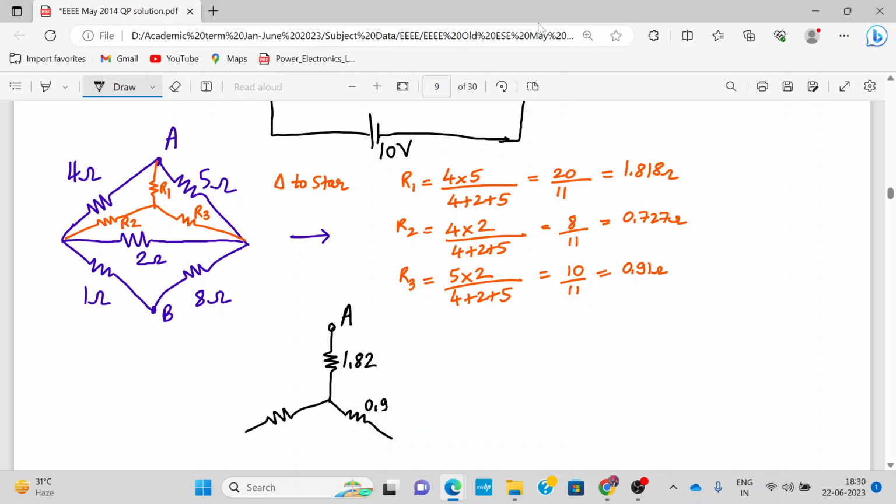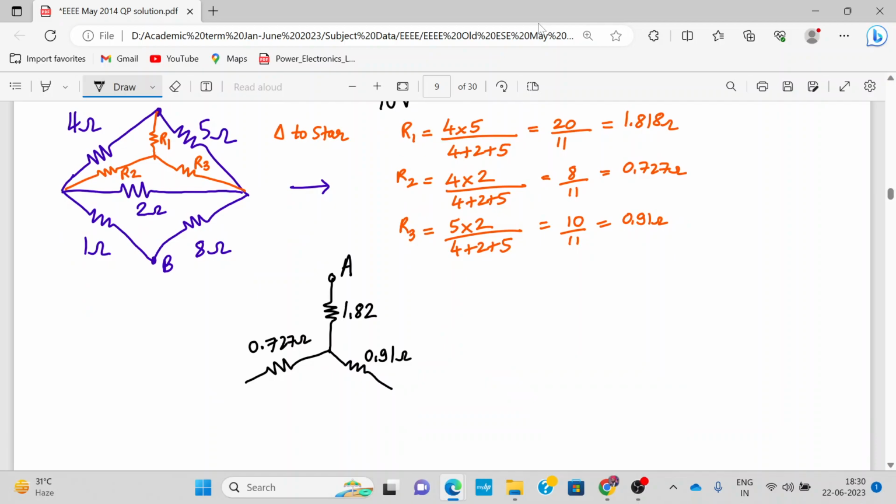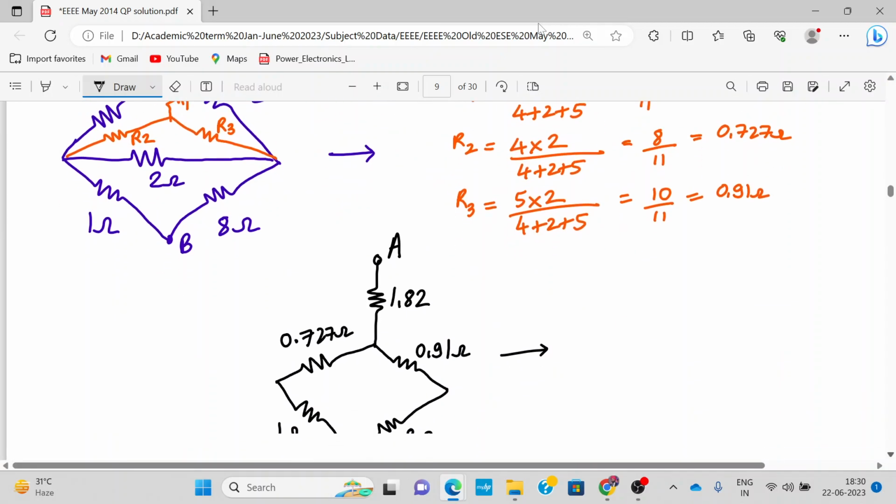This is 0.91 and this is 0.727 ohm. And draw the remaining part of the network. And this is point B. This is 1 ohm. This is 8 ohm. I hope you are following this.